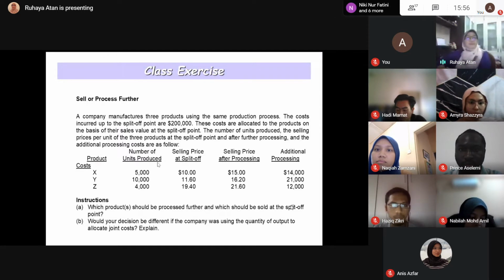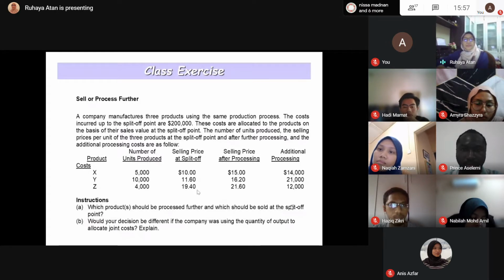So you find that if these 3 products are sold at the split off point, the price of selling will be X $10, Y $1160, Z $1940.